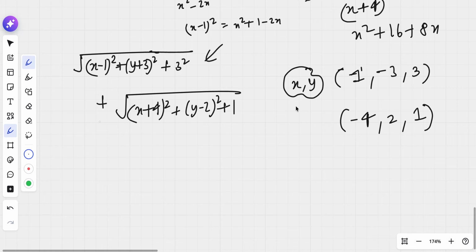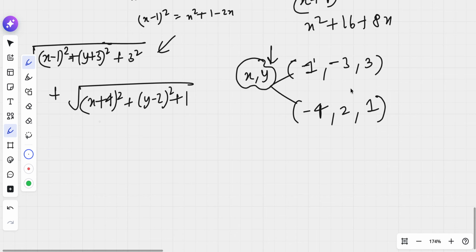So basically x comma y is a point in 3D, and we have to minimize the sum of its distances from both these points.